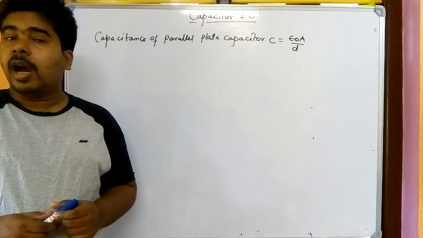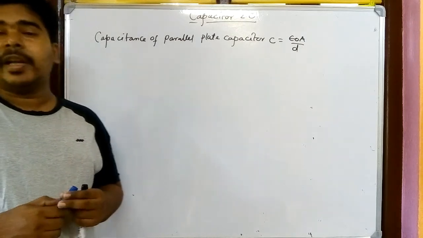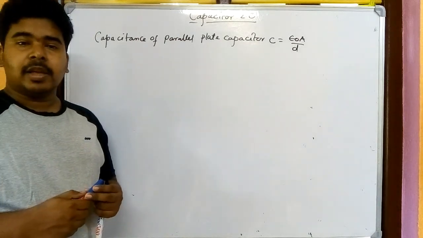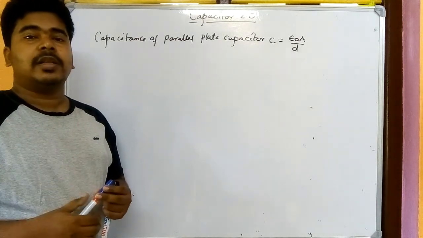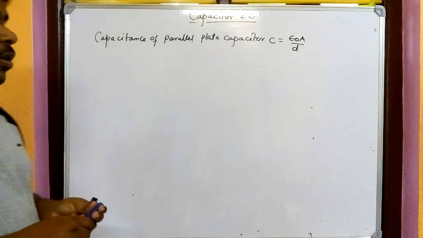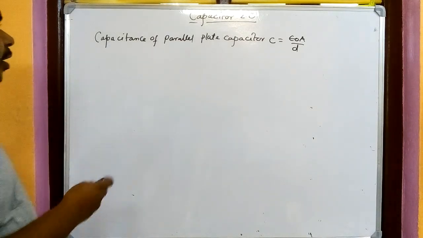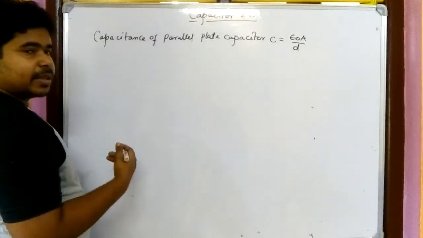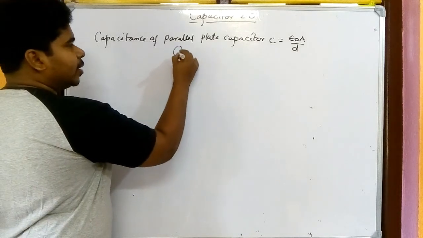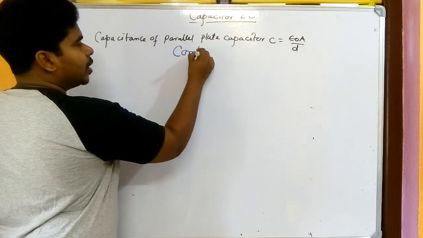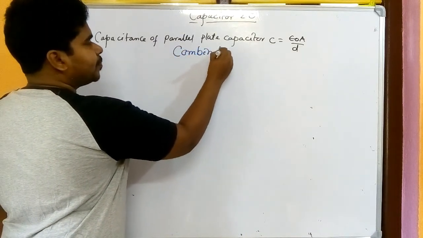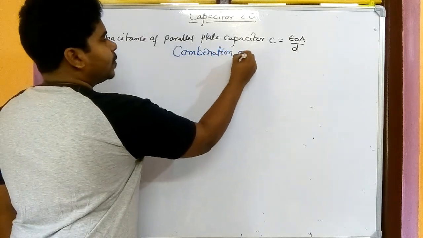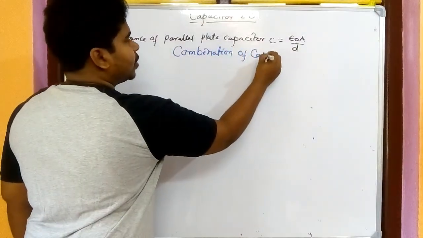So how can we find the capacitance whatever I want in a circuit? For that we need to combine the capacitors. So the next thing we will do is the combination of capacitors.